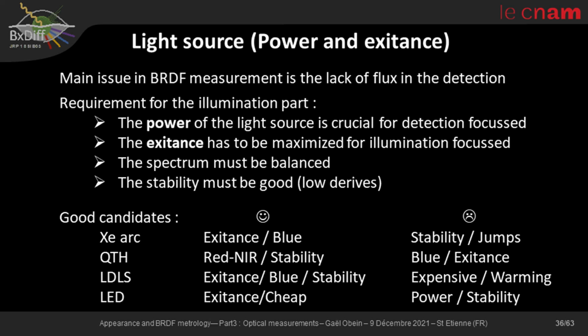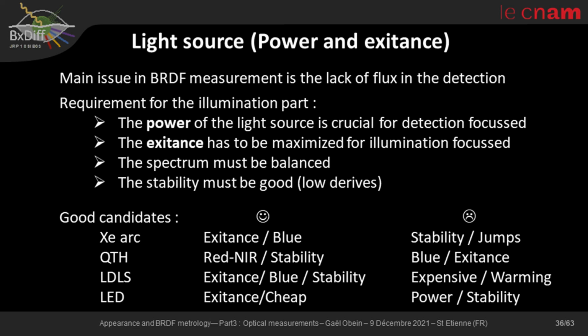Okay, I follow you. But is it not possible to put a splitter just after the source and make a synchronous measurement, so as to keep track? Yeah, that's what we do. We do what we call a monitor of the beam, but when you do this, you lose flux because of the beam splitter, and you already don't have a lot of flux.